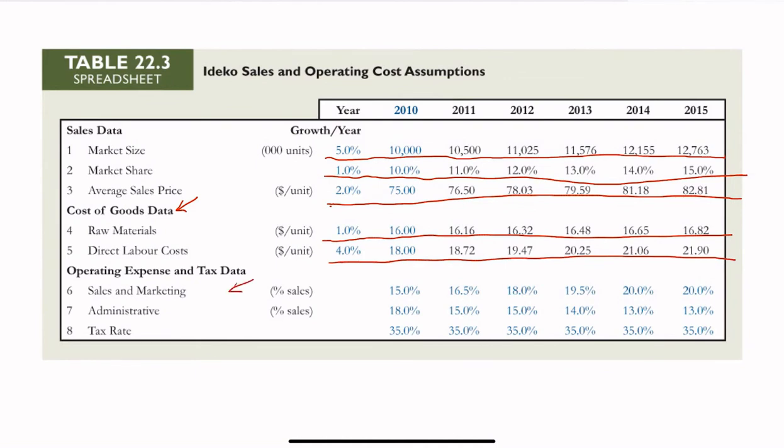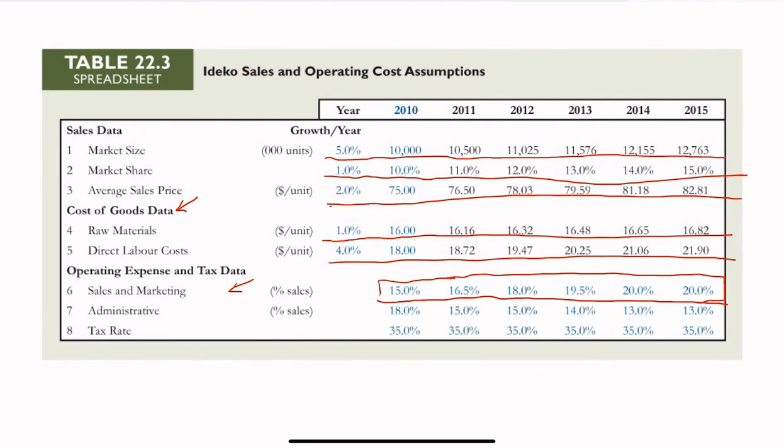And then for operating expense and tax data, for sales and marketing, you will assume that the expense will be a percentage of the total sales. You can see that the sales and marketing costs increase every year because you're trying to improve sales and marketing to expand your market share.